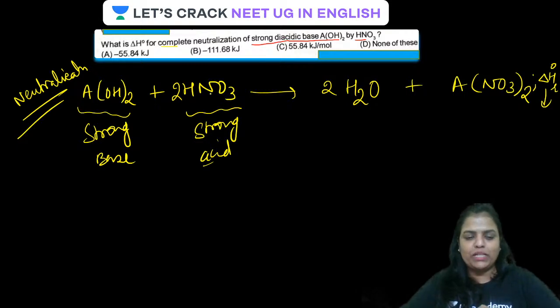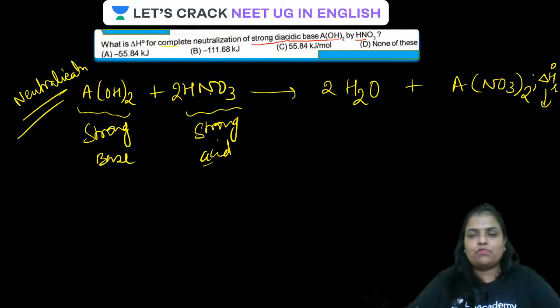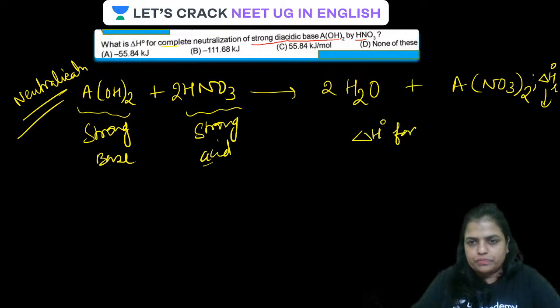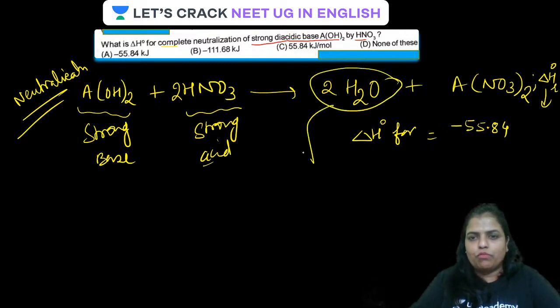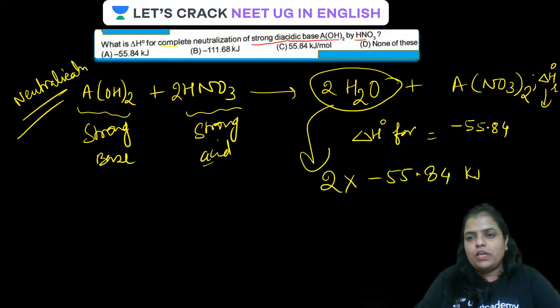So in kilojoule the value is minus 55.84 kilojoule per mole. So delta H naught for enthalpy of neutralization for 1 mole of water is minus 55.84. As 2 moles of water are forming, it will be 2 into minus 55.84 kilojoule per mole.